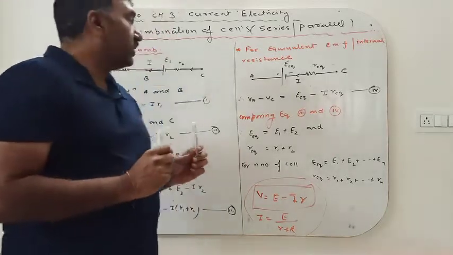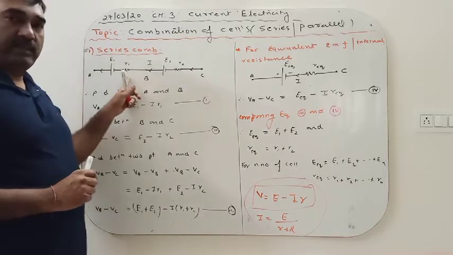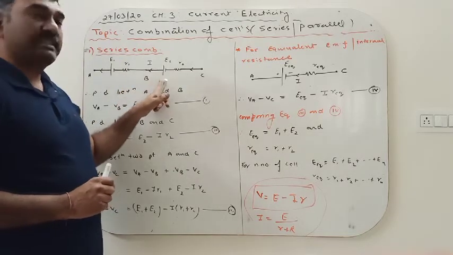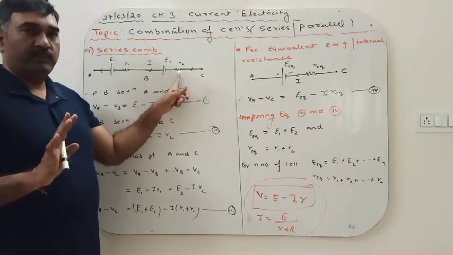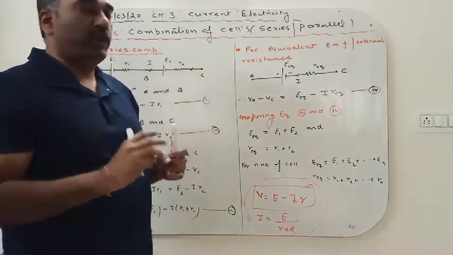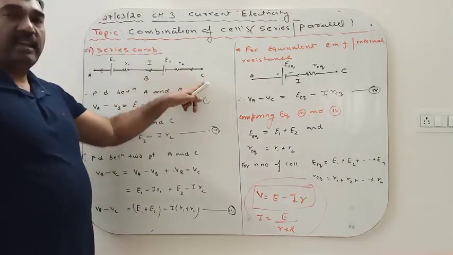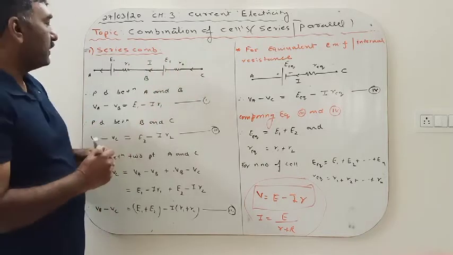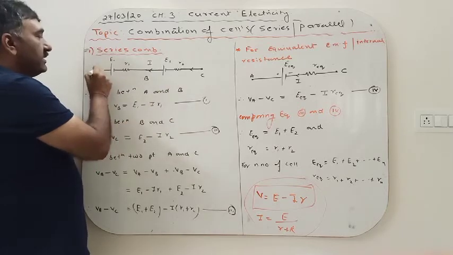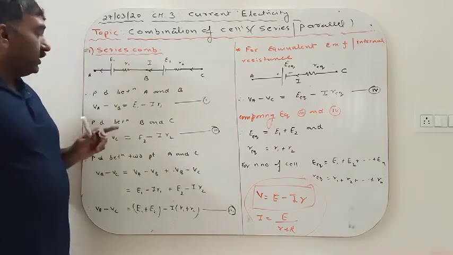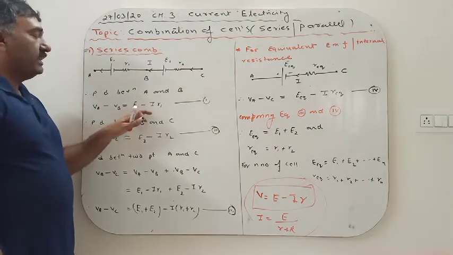We take two cells, of EMF E1 with internal resistance R1, connected in series with a second cell of EMF E2 with internal resistance R2. Here we have 3 points: point A, the connecting point B, and the last point C. For the first cell, the potential difference between A and B is VA minus VB is equal to E minus IR.